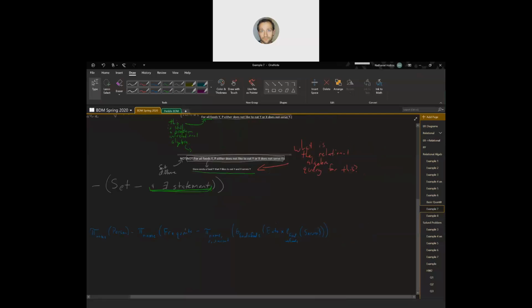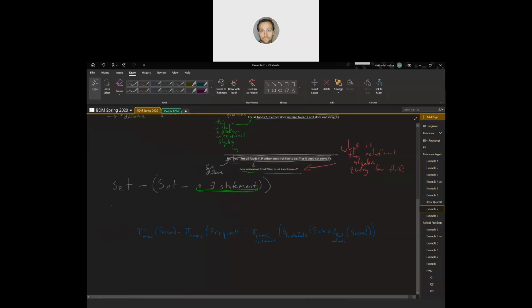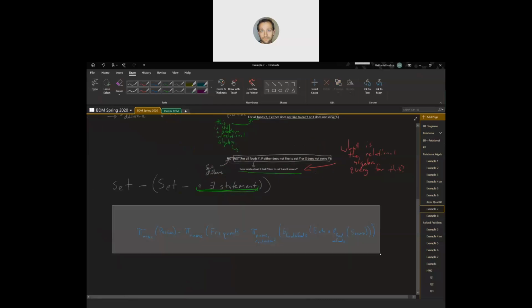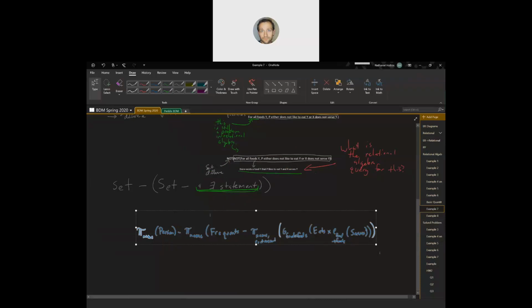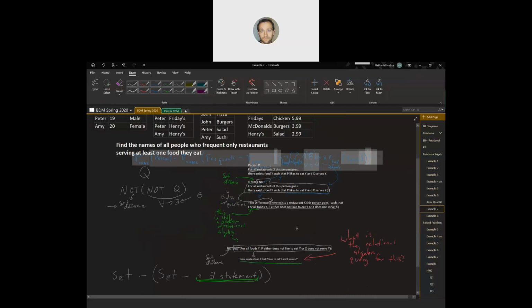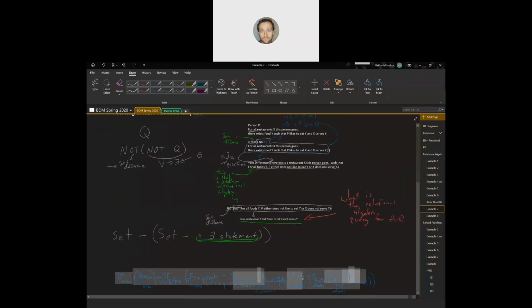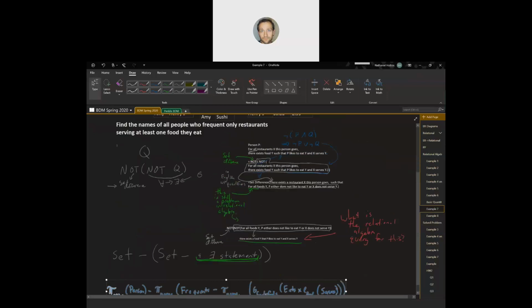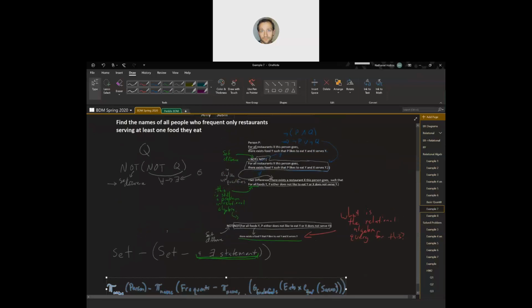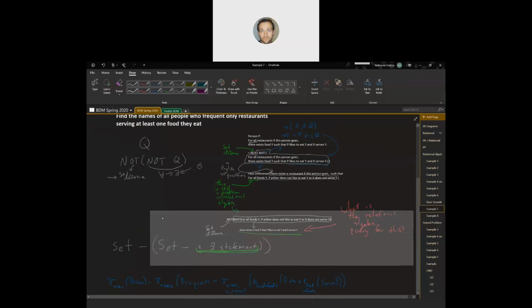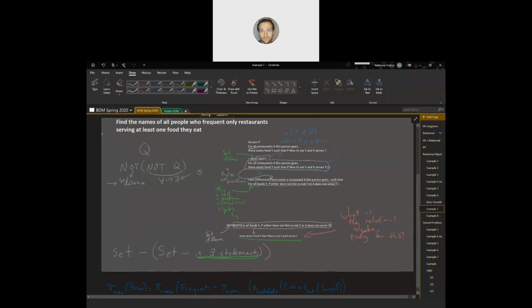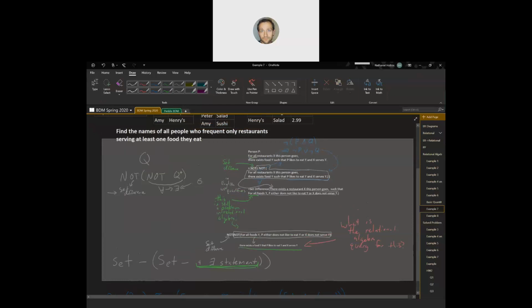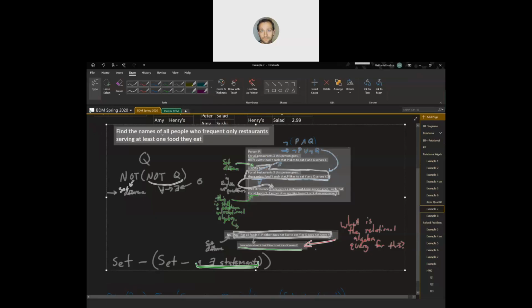The whole reason why I was going through all of that stuff above was because, oh, let's see if I can move this easily. Sorry, I want to move this stuff out of the way.